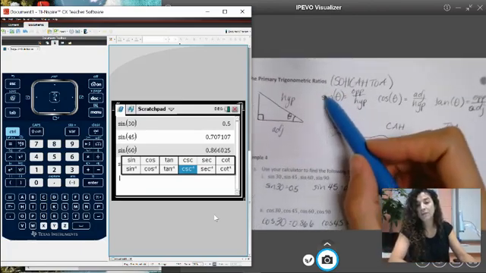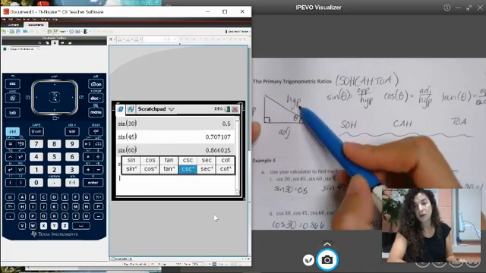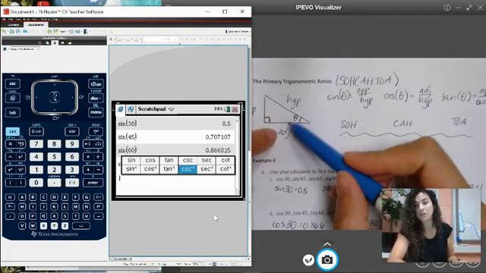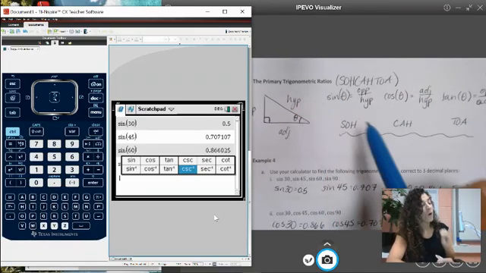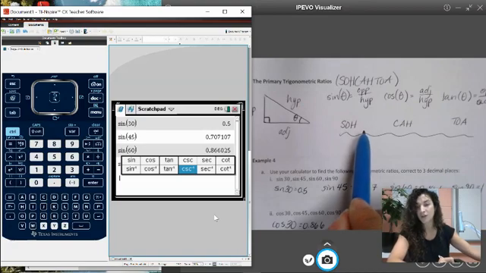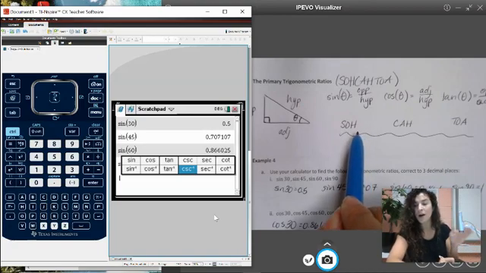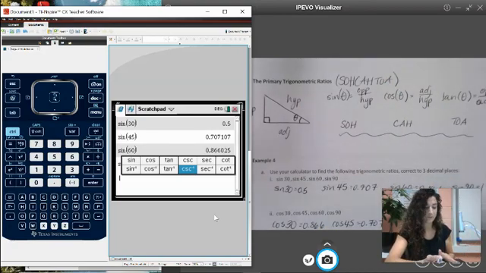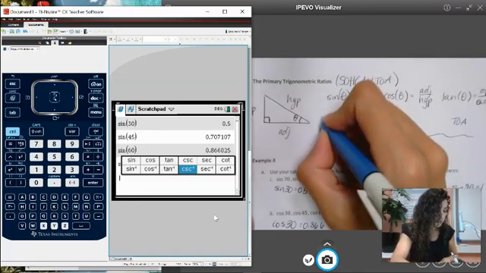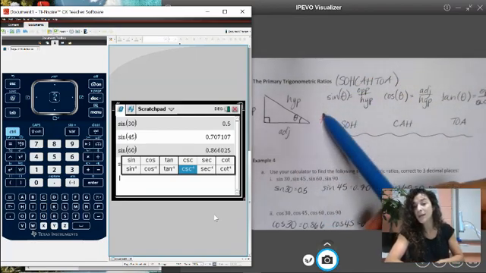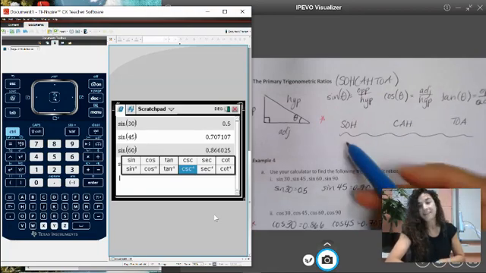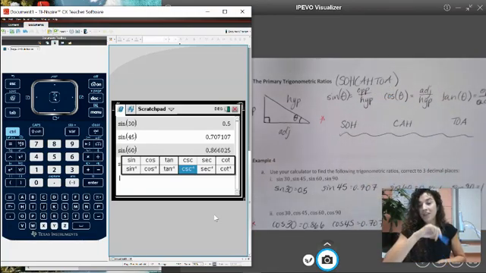So look at what's going on. Sine is opposite over hypotenuse. Cosine is adjacent over hypotenuse. And you have to think about, what do we know about the hypotenuse? We know that the hypotenuse will always be the longest side.